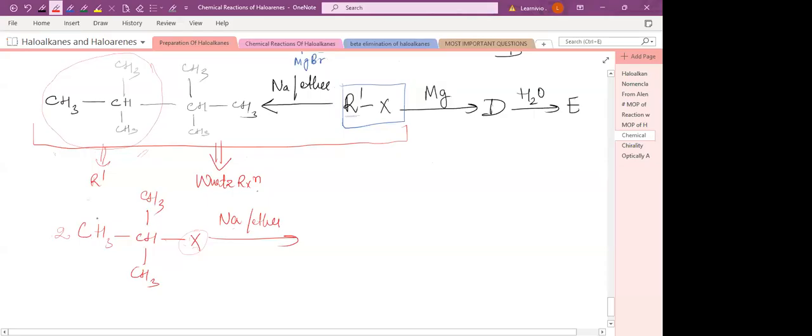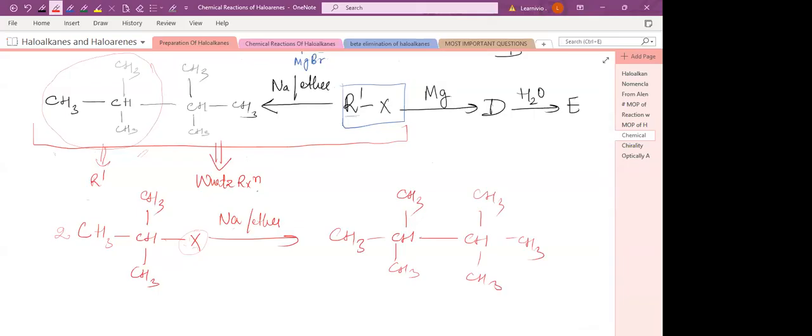So 1 mole reacts with the other mole, the number of carbon gets doubled, and you will get this product, CH3CH and CH3 over here, and CH3, CH3, CH3. That's the Wood's reaction.